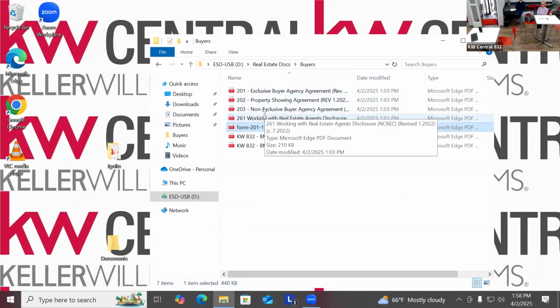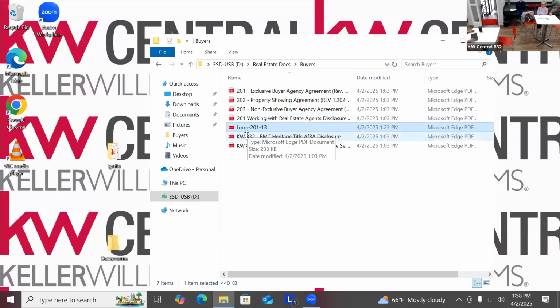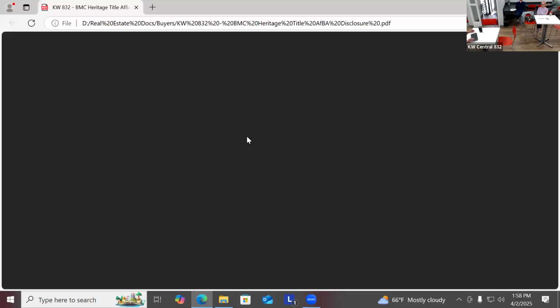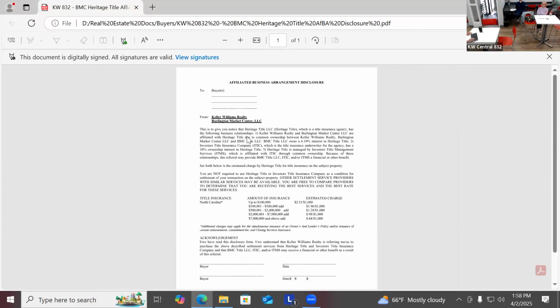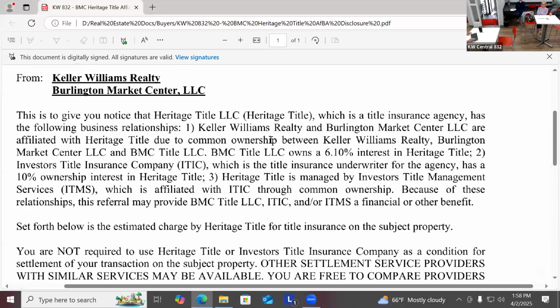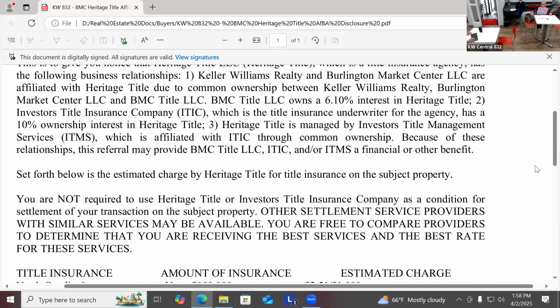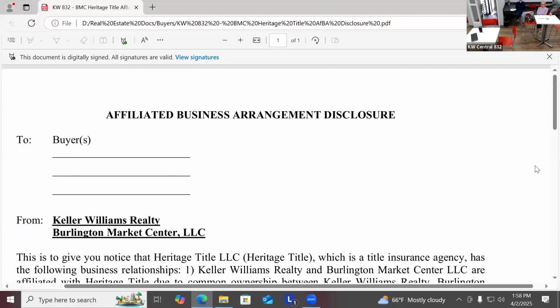Okay, I'm not going to go through non-exclusive. It essentially is the same as exclusive. It's just non-exclusive. I am going to go through this one, because this is a required document in your buyer consultation file: the affiliated business arrangement disclosure.